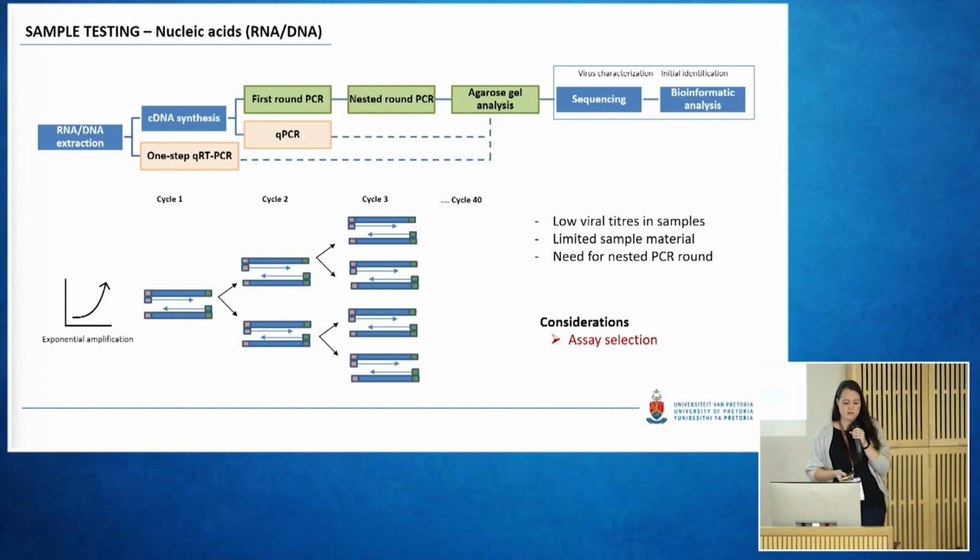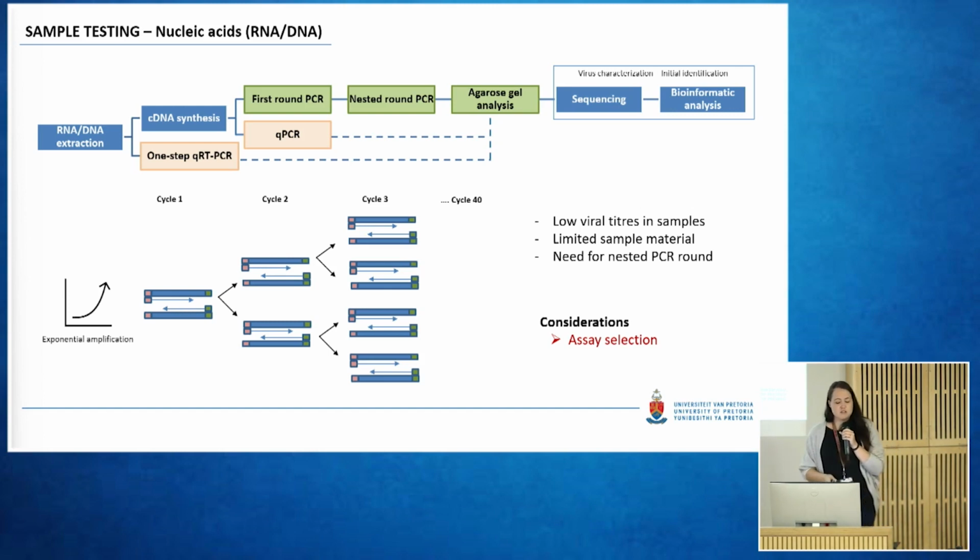What I mean with PCR is the exponential amplification of your virus. You would have primers specific for your viral sequences that would bind there, and you would amplify that region. And then the next round, it would be an exponential amplification all the way through to the end of your run.